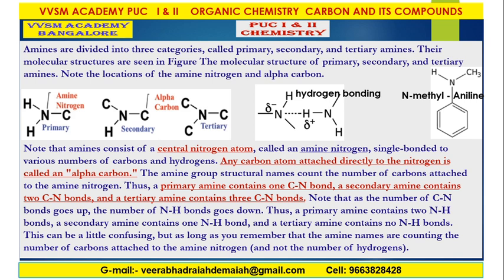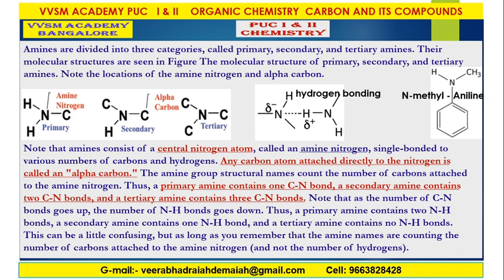Note the locations of the amine nitrogen and alpha carbon. What is alpha carbon, my dear friends? Alpha carbon is nothing but a carbon attached to the nitrogen. The molecular structures of primary, secondary and tertiary amines are shown and we have discussed.